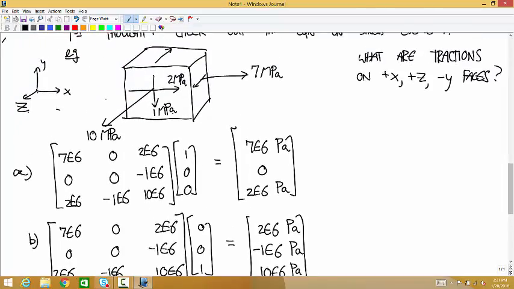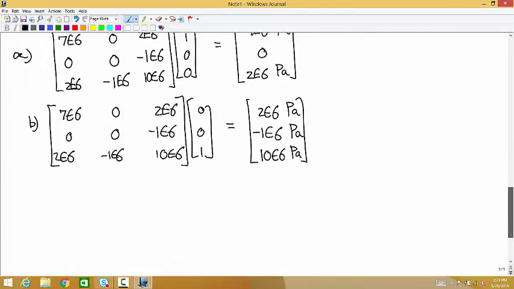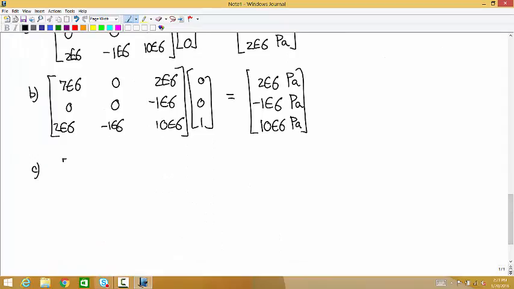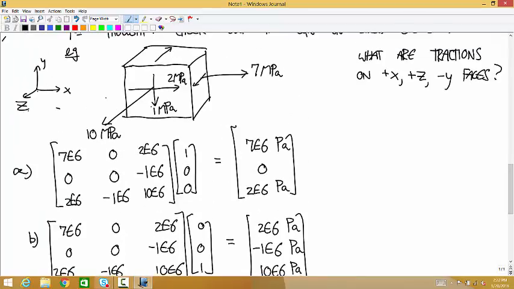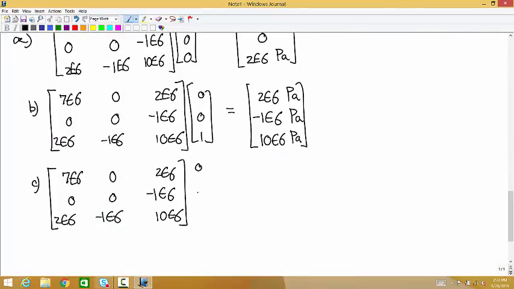Okay, and then for the last one, we want to calculate the traction on this face that's underneath, the negative y face. So we start with that same stress tensor. And what's an outward pointing normal for the negative y face? 0, -1, 0. Yep. Even if there is no normal stress on the y face?